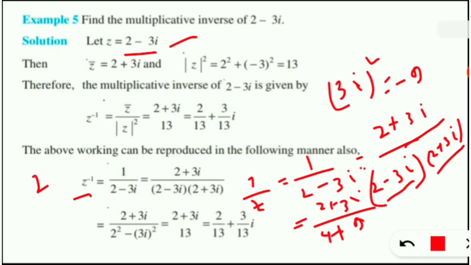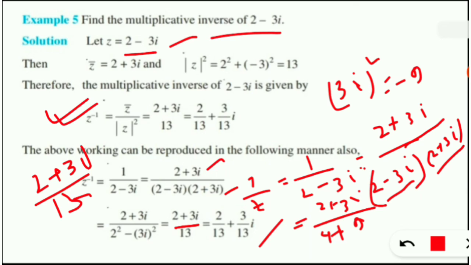So 2 plus 3i divided by 13, same result, so 2 by 13 plus 3 by 13 i. That means you can solve this type of problem using the formula, or z inverse equals 1 by z, and then multiply the conjugate of the given z in numerator and denominator. Clear?